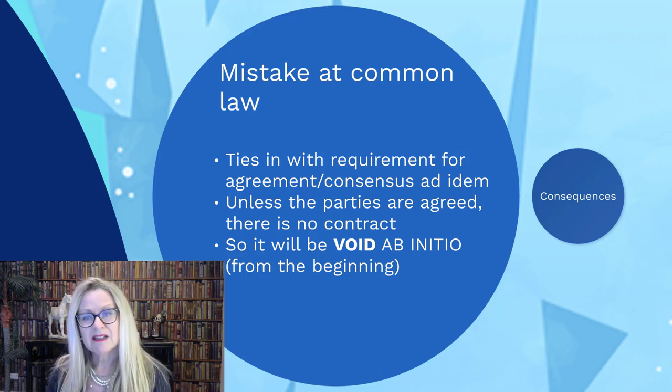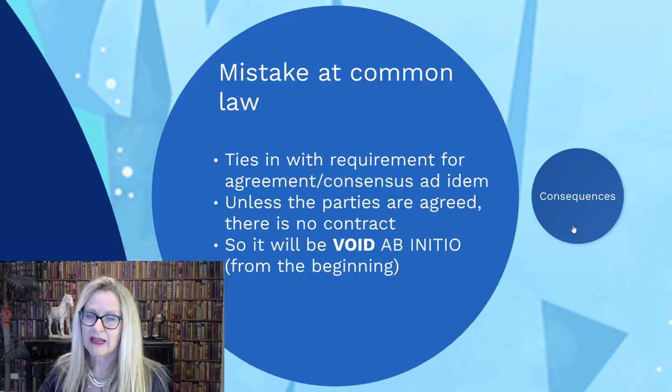So unless the parties have actually agreed and come to some consensus, there's not going to be any contract. Now, if there has been a lack of consensus because one of the parties is mistaken about something quite vital to the contract, then there has been no consensus and the contract will be void ab initio. Void ab initio, or from the beginning.